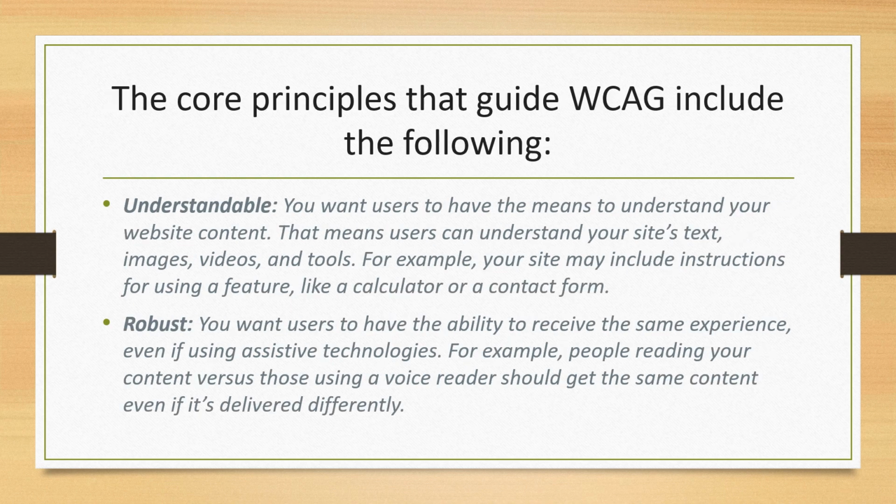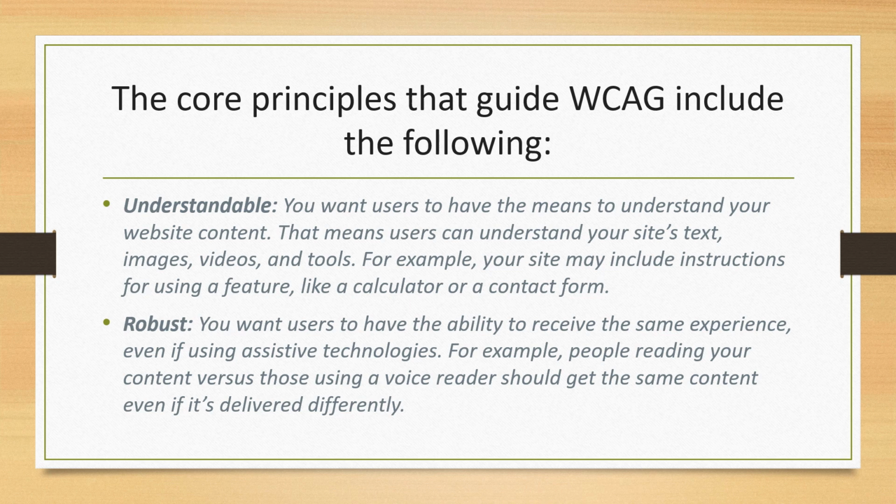Now, these next two are also very important. One is the understandable principle and the other is the robust principle. Understandable means you want users to have the means to understand your website content. That means users can understand your site's text, images, videos, and tools.